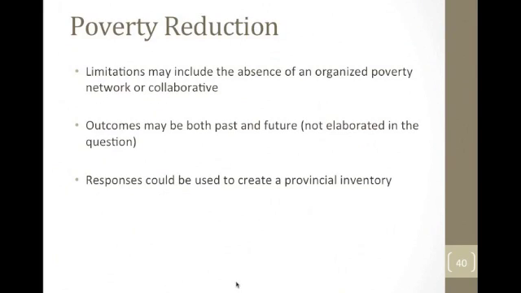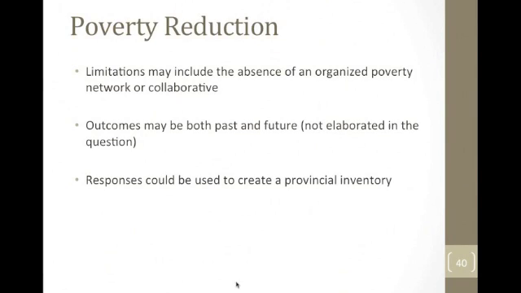We recognize that there may be situations where there are no locally organized poverty efforts, and so some boards of health may not be able to provide answers to this question, but it would actually be good to know that where this is the case, where there are no organized poverty networks active within communities.